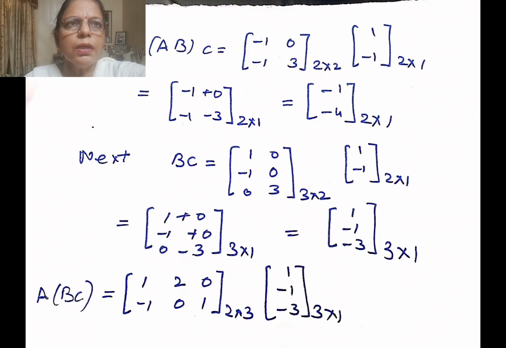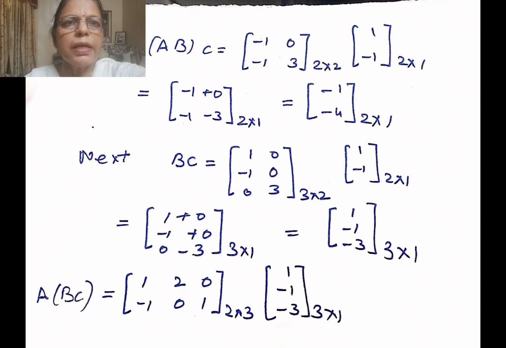BC is equal to [1 0; -1 0; 0 3] into matrix [1; -1]. So the resulting matrix will be of the type 3 into 1. That will be equal to [1; -1; -3].